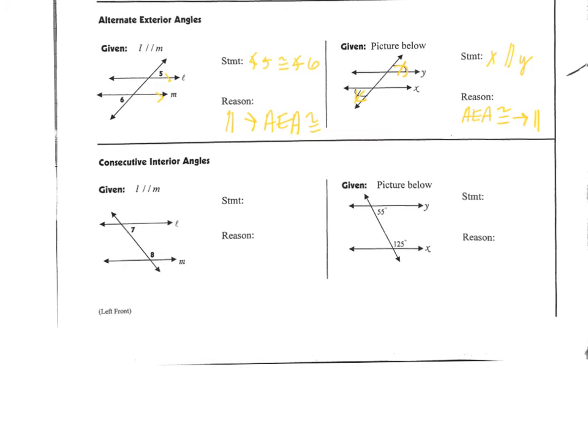And then our last set on this page, we are given that we have line L parallel to line M, and our statement is going to be that angle 7 and angle 8 are supplementary, and our reason is going to be that parallel lines imply that corresponding interior angles are supplementary.